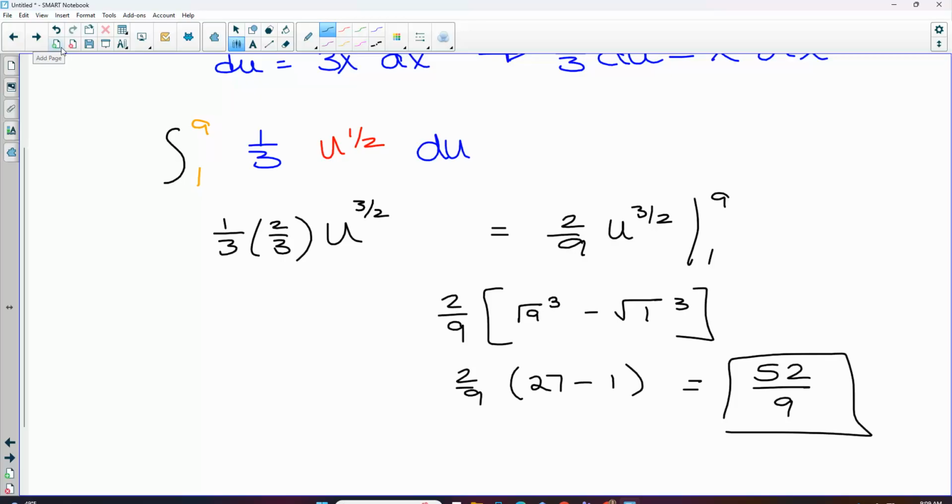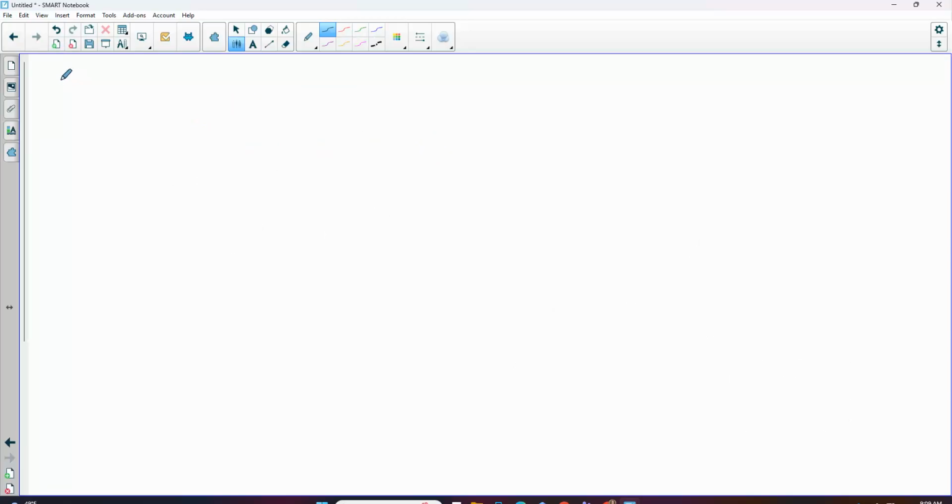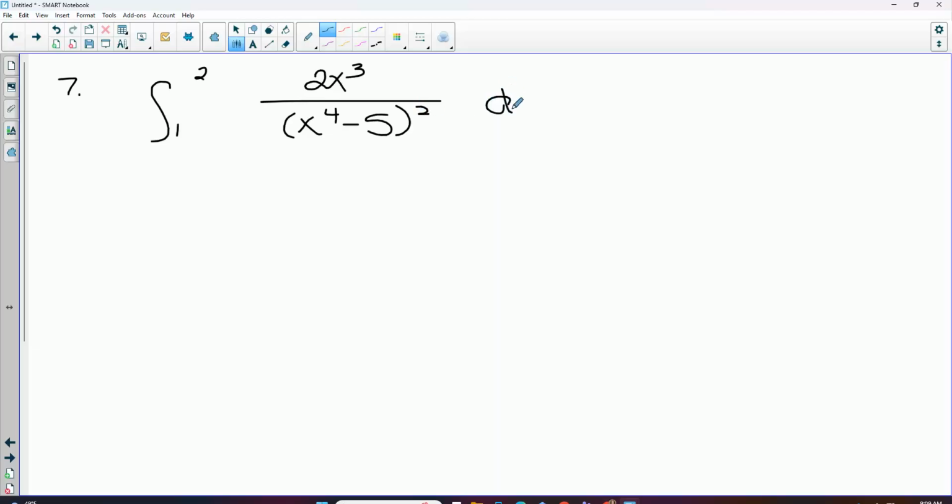Number 7. Okay, I can't just do this antiderivative because I have x's being divided. It's a quotient. I can't do product or quotient rule in reverse.